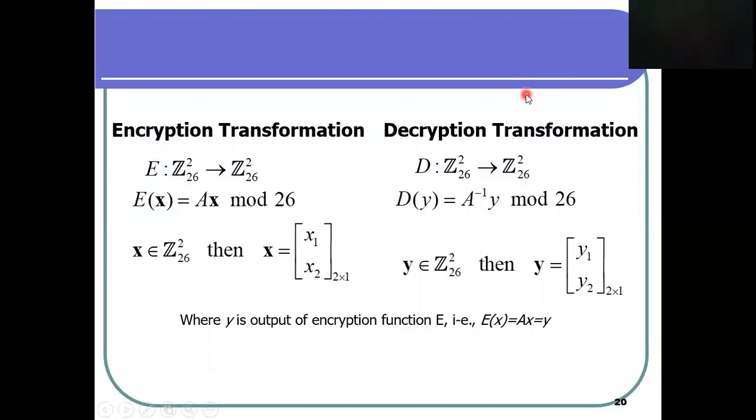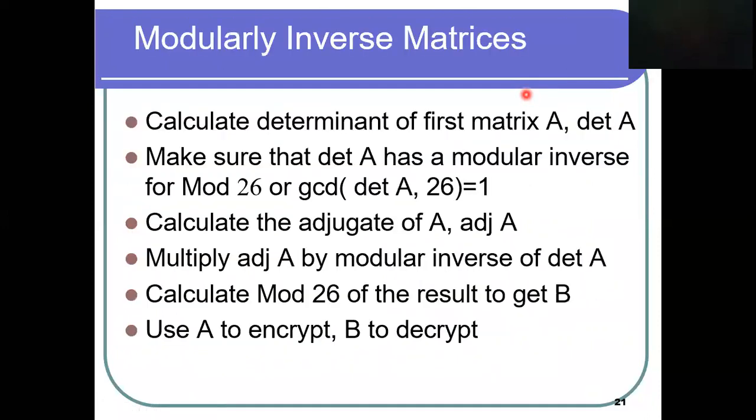But keep one thing in your mind: you cannot take every matrix over Z26 of size 2. You can only take those matrices for which the GCD of the determinant with 26 is 1.